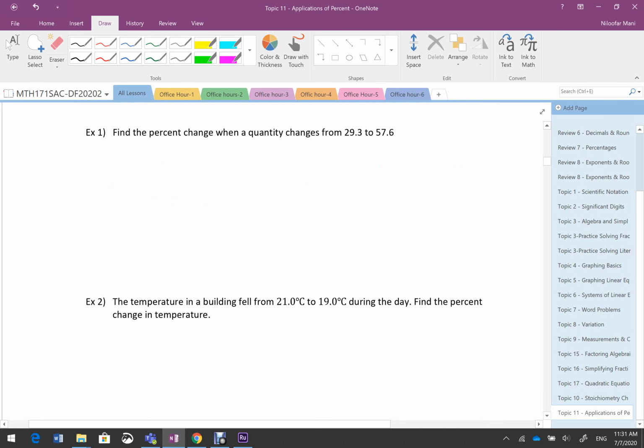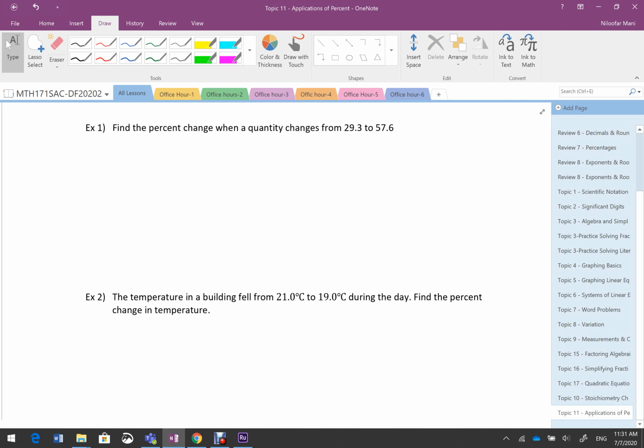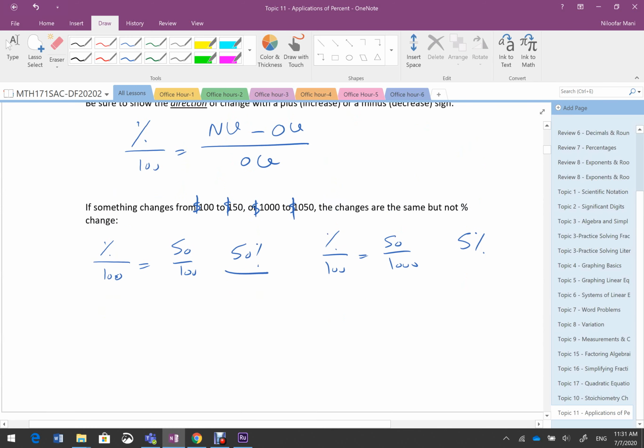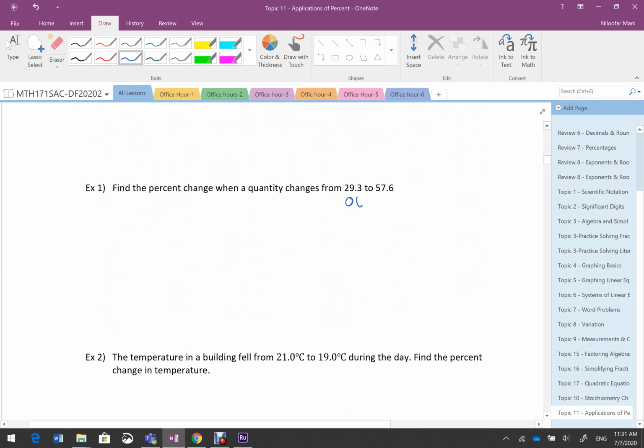Okay, so now let's do some examples. Find the percent change when a quantity changes from this to this. Remember, "from" this means old value, and here is the new value. So x over 100 equals 57.6 minus 29.3, divided by 29.3.